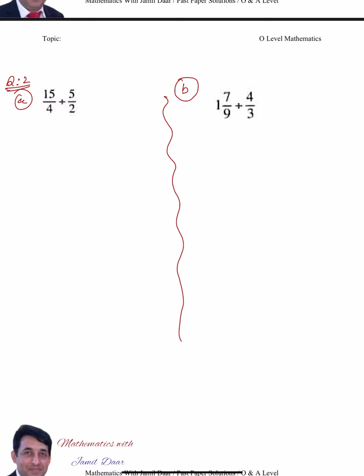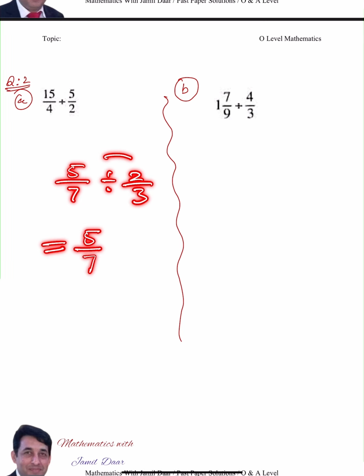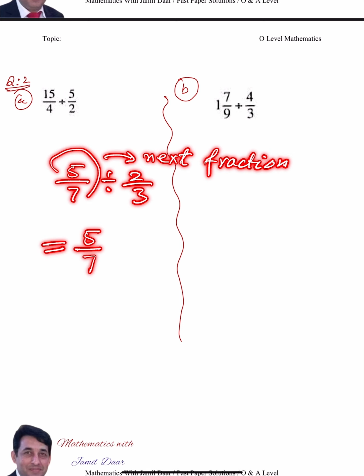And when you change it into a multiplication sign, the next fraction becomes its reciprocal. That means if we have 5 over 7 divided by 2 by 3, if you change the division sign into multiplication sign, this will become 5 over 7, and the next fraction will become its reciprocal. Children write the reciprocal of this one, so that will become wrong.